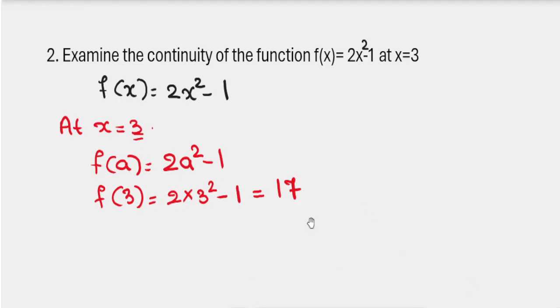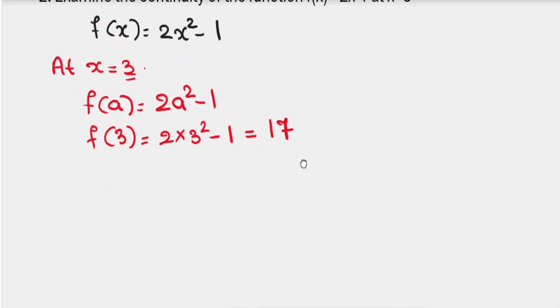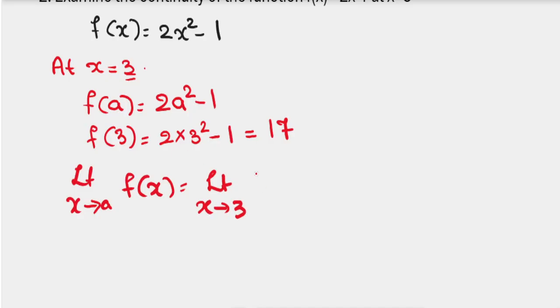Now we'll put the limit. Limit x tends to a f of x. This is limit x tends to a. A is here 3 and the function f of x is 2x square minus 1. Now we can apply the limit as x equal to 3. That is 2 times 3 square minus 1, again 17.